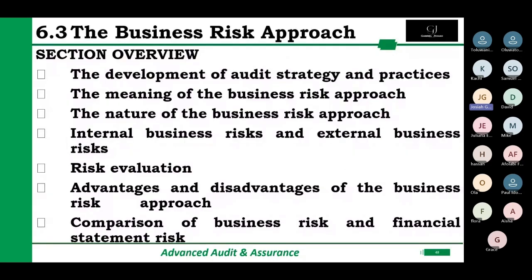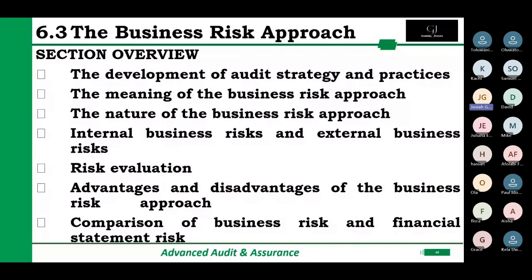Okay. So let's look at the business risk strategy or the business risk approach, which is the second unit. And this speaks to the development of audit strategy and practices. We also look at the meaning of the business risk approach, the nature of the business risk approach, internal business risks and external business risks, and another section on risk evaluation.